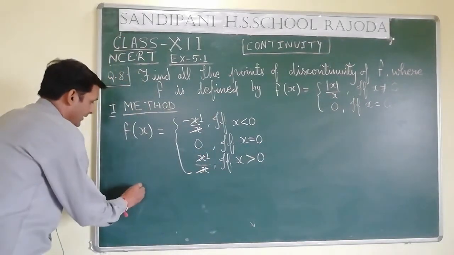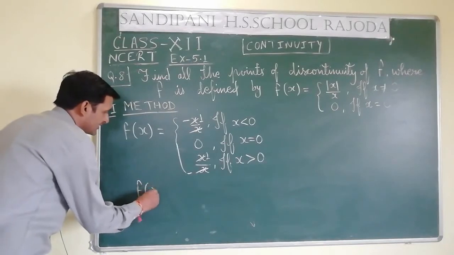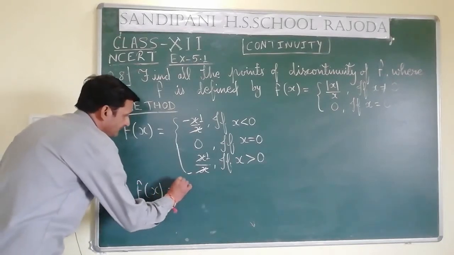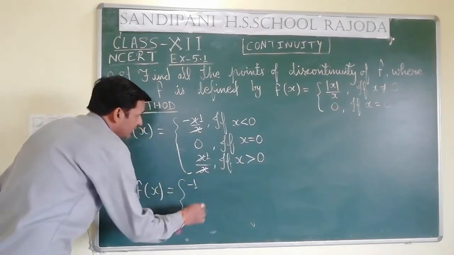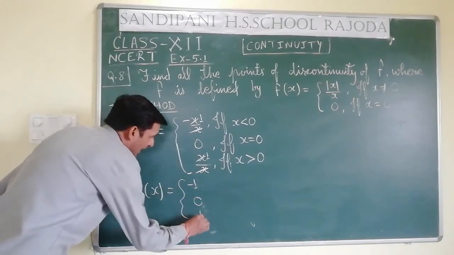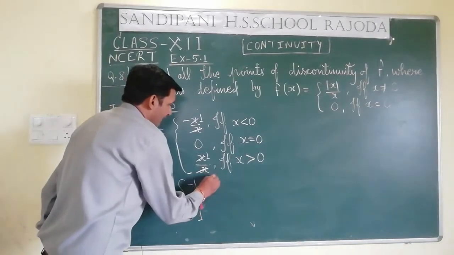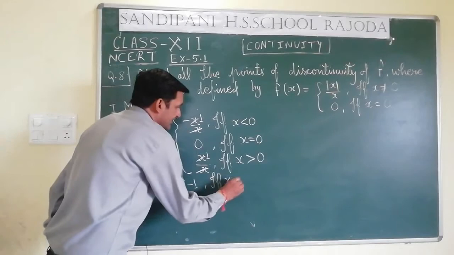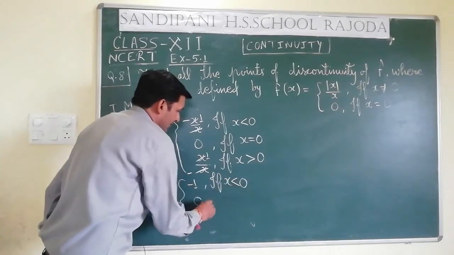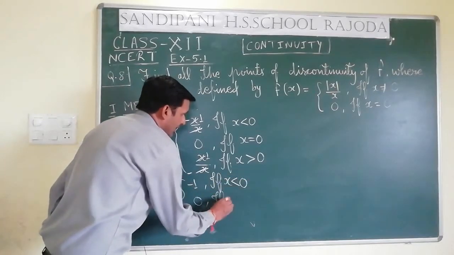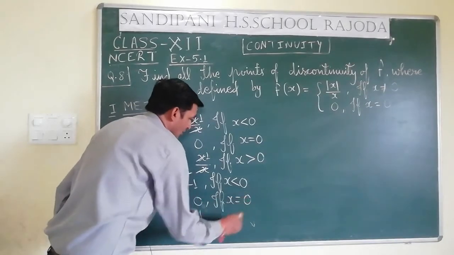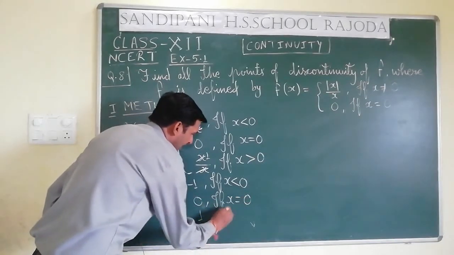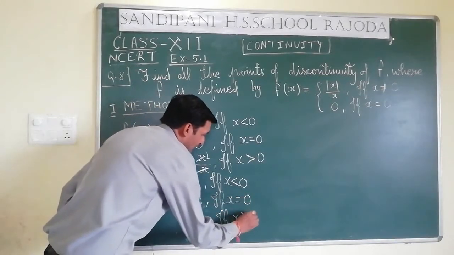So, f of x is equal to minus 1, 0 and 1 if x is less than 0, if x is equal to 0, and if x is greater than 0.